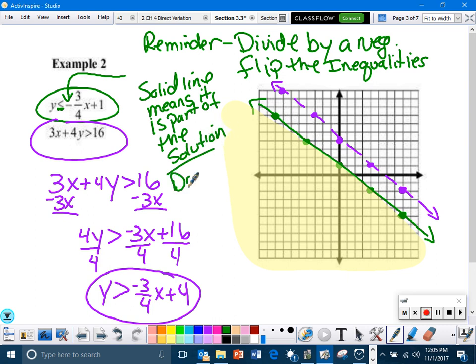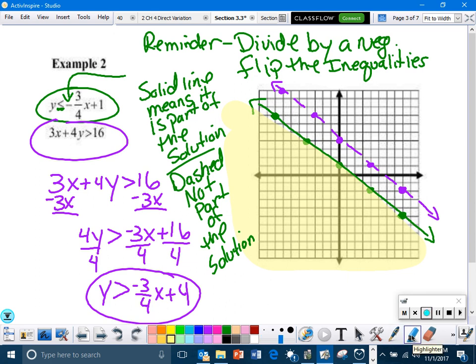A dashed line means it is not part of the solution. Okay, so back to the purple. So that says greater than, so I'm going to shade above that line.